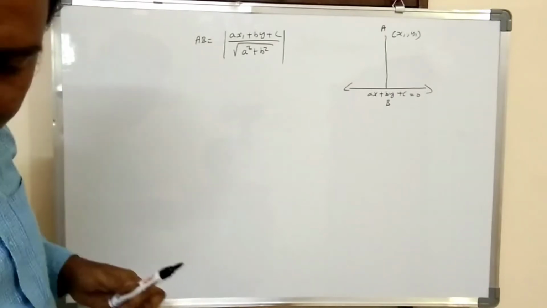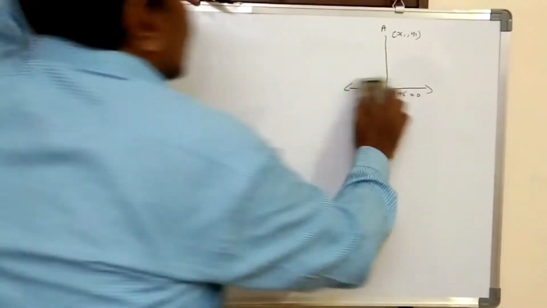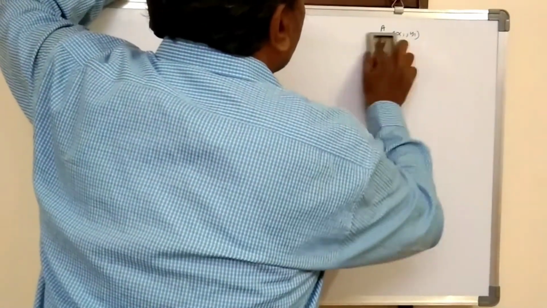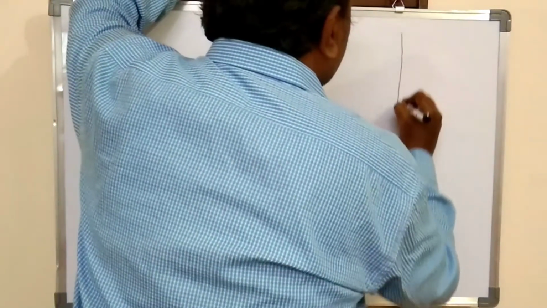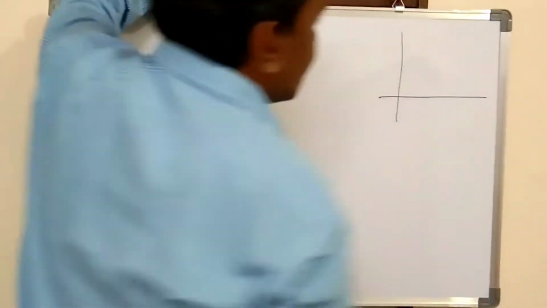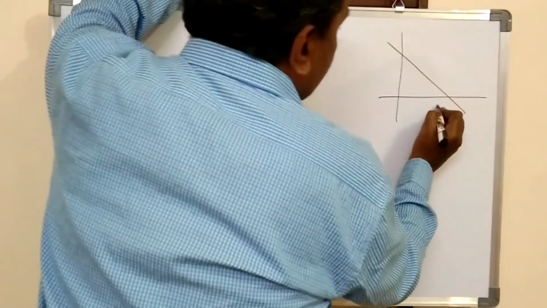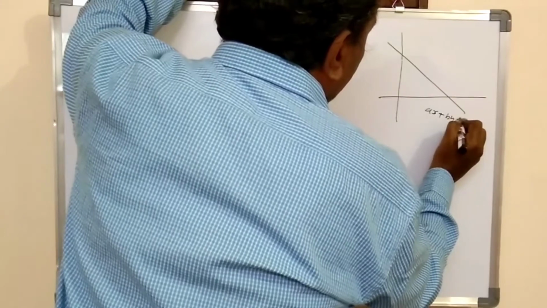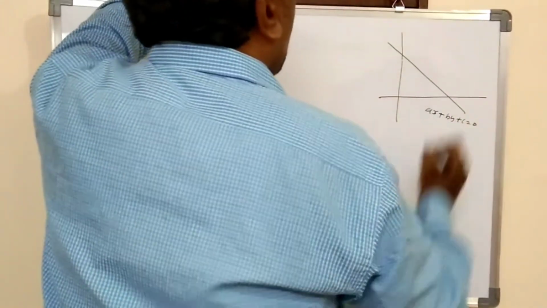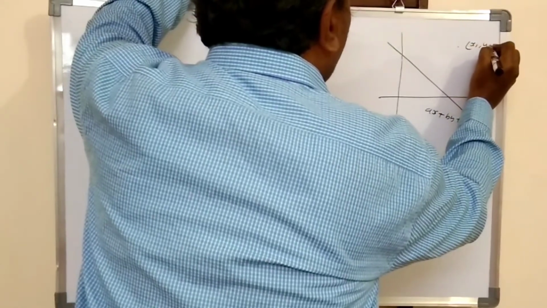For that, we need to take the coordinate axis. So this is the coordinate axis, x-axis and y-axis. So this is the line whose equation is, as usual, ax plus by plus c is equal to 0, and this is the point whose coordinates are x1, y1.